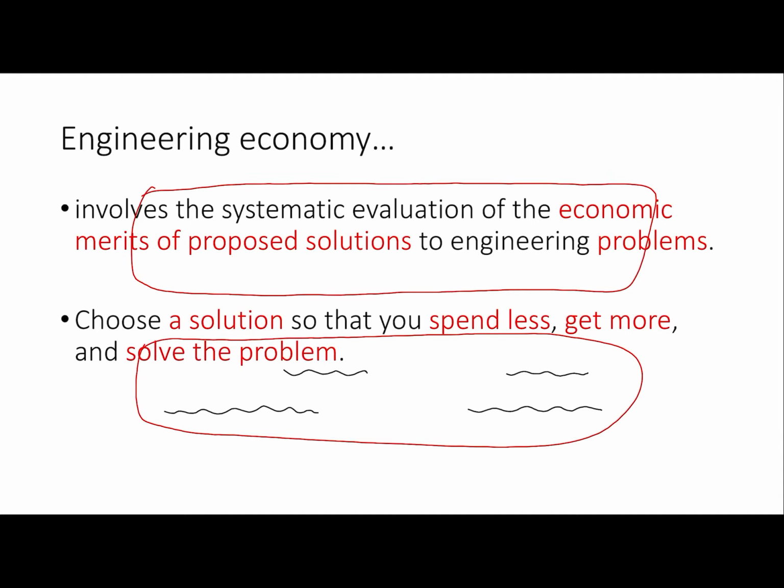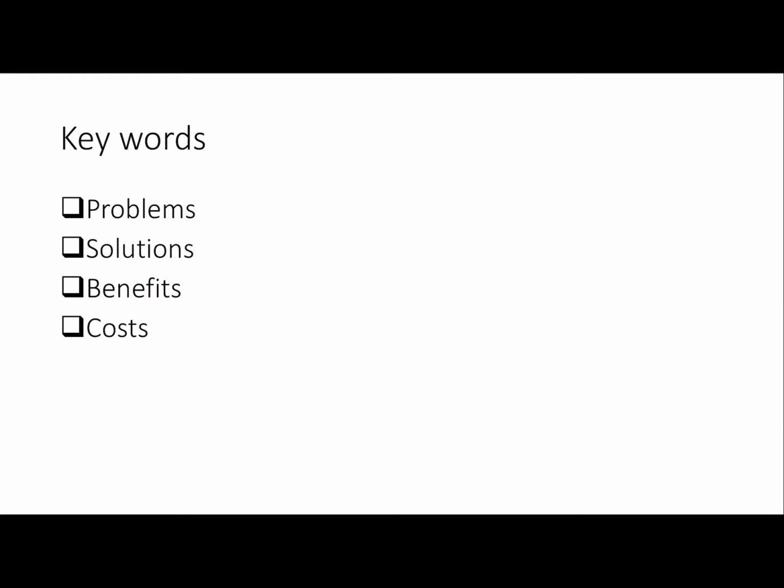So the first thing you want to know is what is engineering economy? The concept of this subject, okay? We talked about you want to find the best solution so that you can spend less and you can get more. And you also want to solve a specific problem.